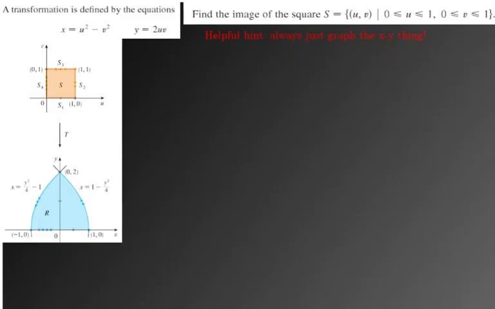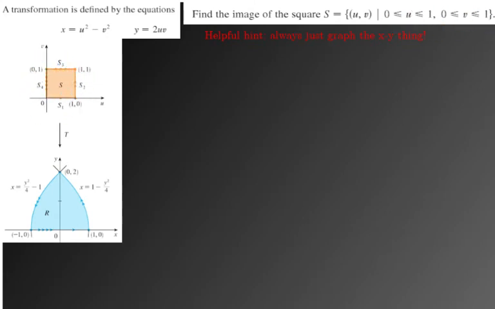Before we get into where this determinant part pops up and all that stuff, I just wanted to show you how change of variables works. So in this example, we have over here a unit square in UV space.